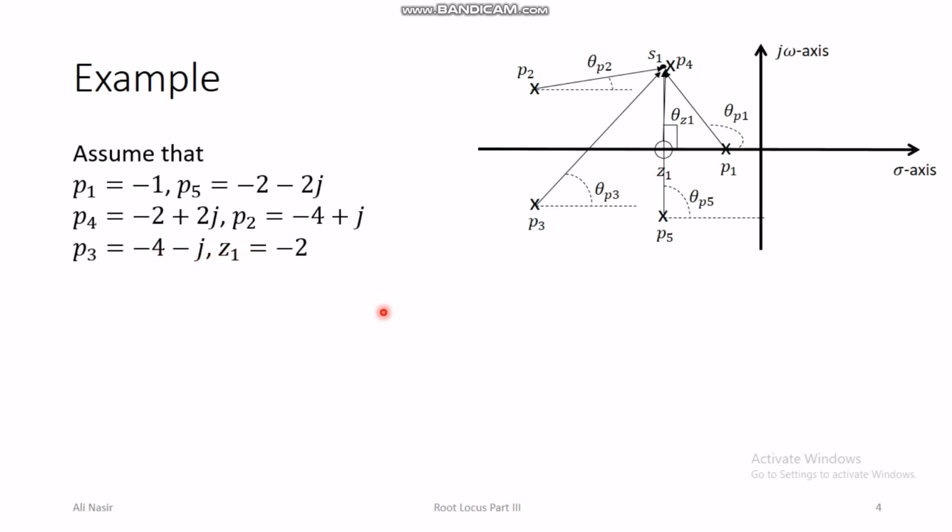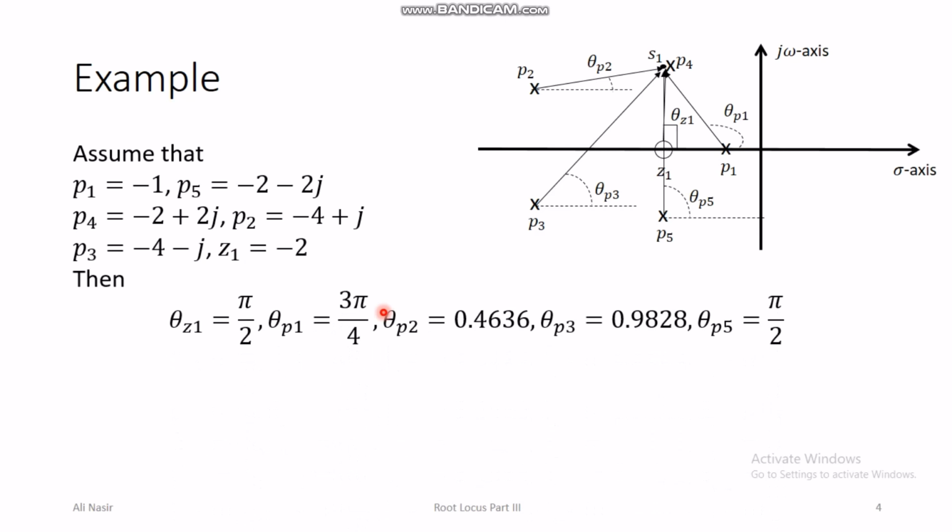Then what happens is that if you calculate theta by tangent inverse of perpendicular over base, you can see that the horizontal distance between this pole and this test point is, this pole is at -4, the test point is at -2. So the horizontal distance is 2 and the vertical distance is 1, because this is at 2j and this is at 1j.